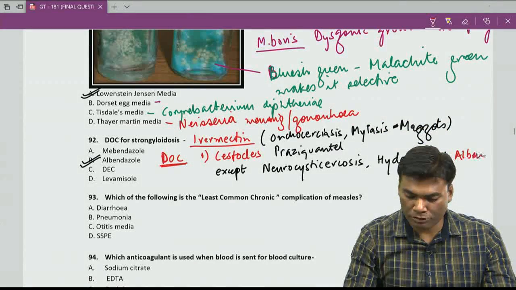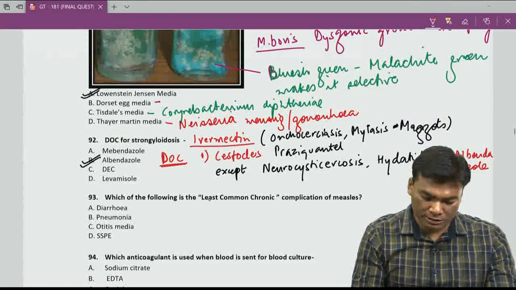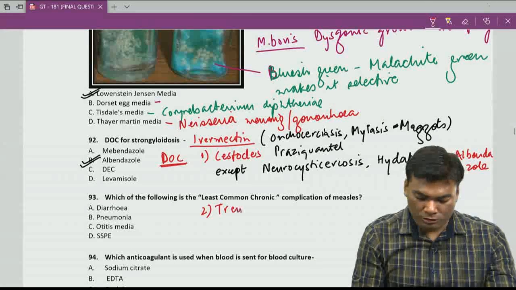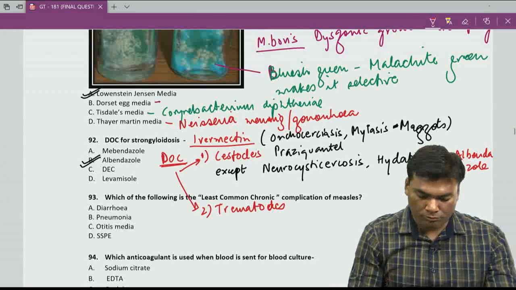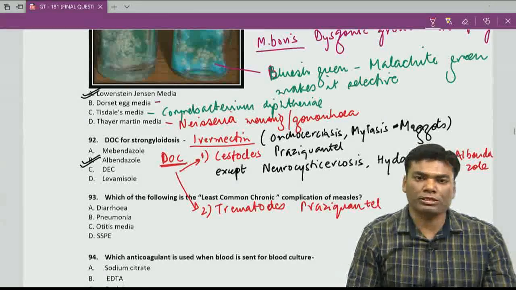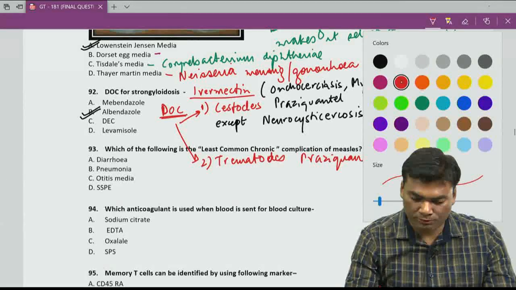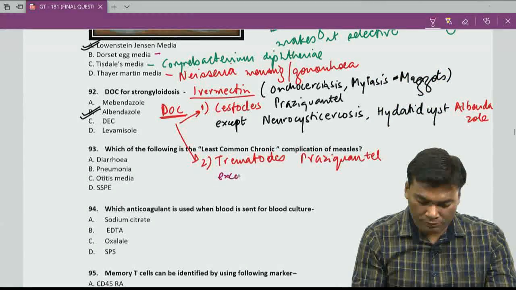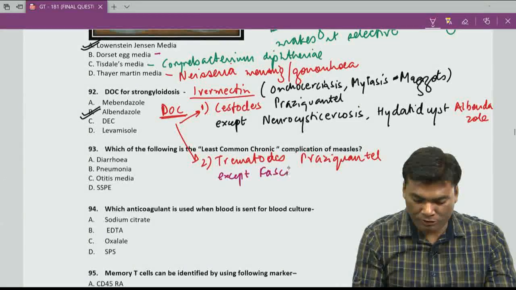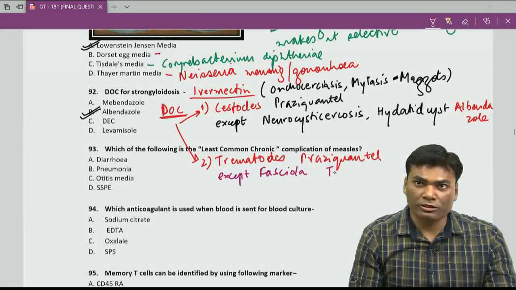Next is the drug of choice for all trematodes. Trematodes are flukes. This is also praziquantel. There is just one exception, Fasciola hepatica, the liver fluke, for which we use triclabendazole.